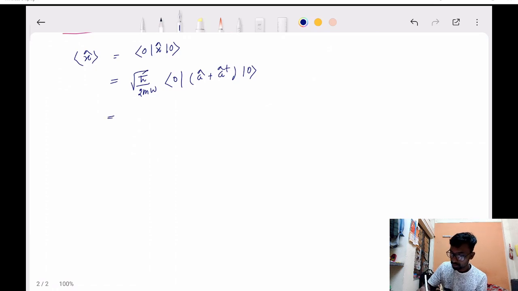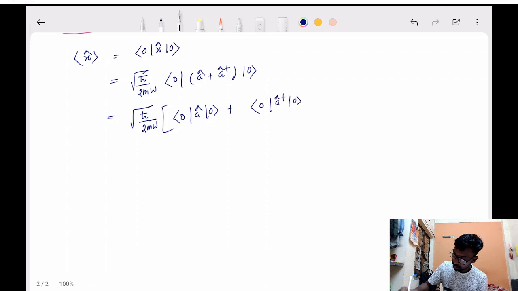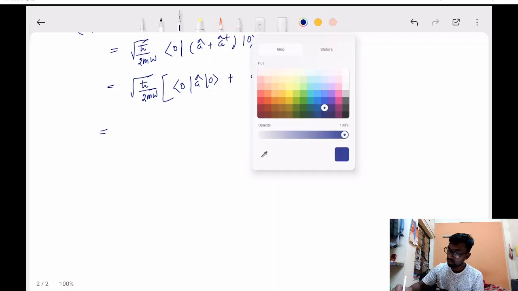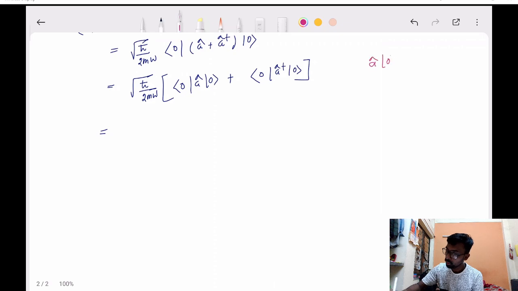So this is equal to h cut upon 2m omega, bra 0 a cap ket 0 plus bra 0 a cap dagger ket 0. Finally, we already discussed in previous lectures that a lowering operator acting on the lowest state gives you 0, but a raising operator acting on a state gives some value. So what is the value actually? a dagger on 0 gives you the first excited state, ket 1.